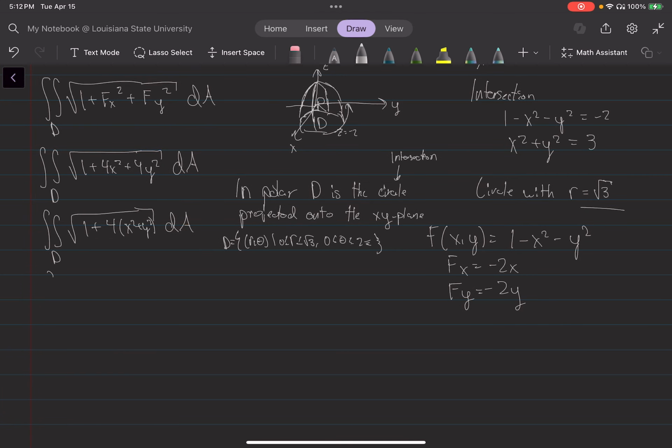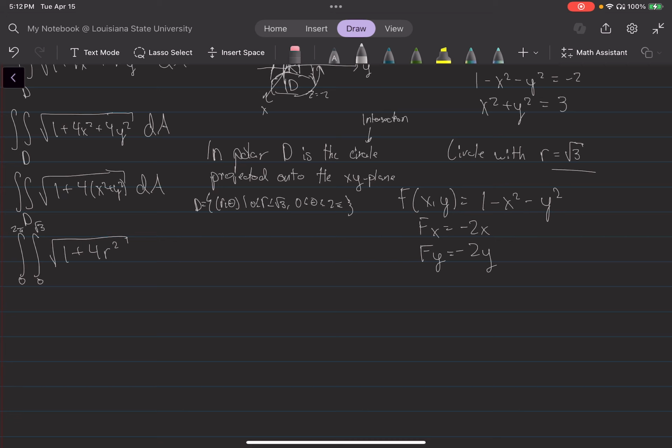So the integral has theta ranging from 0 to 2 pi, r ranging from 0 to the square root of 3, and then the integrand is the square root of 1 plus 4r squared. Where's the r squared coming from?